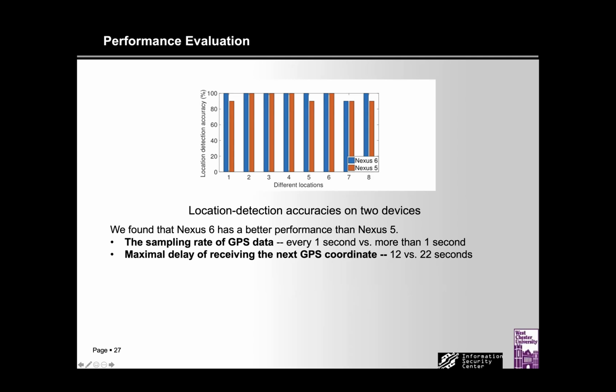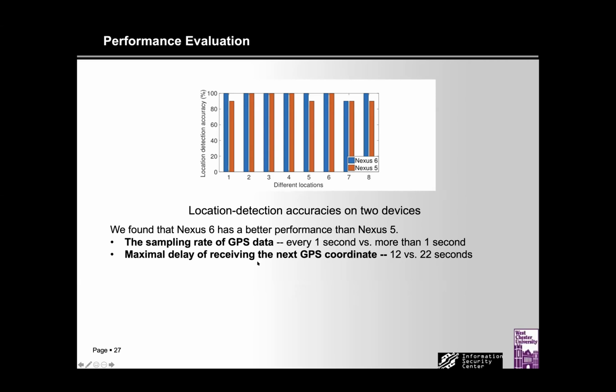This is due to the following reasons. First is the sampling rate of the GPS data. Nexus 6 allows the app to sample the GPS data every 1 second. But with the Nexus 5, even if you set it to 1 second, the actual sampling interval is usually more than 1 second. The second one is the maximal delay of receiving the next GPS coordinate for each smartphone.